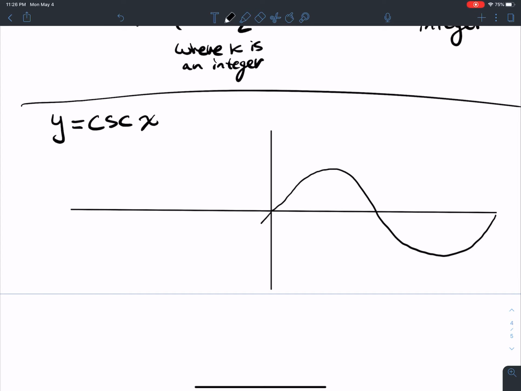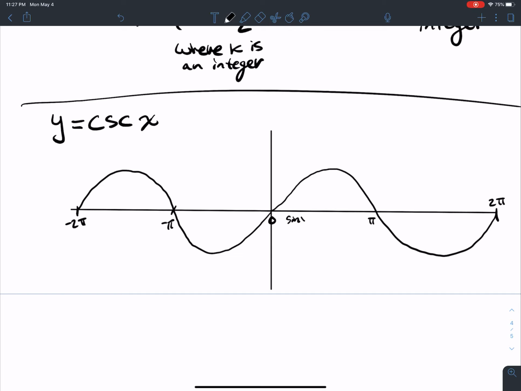I'm just going to draw a couple of periods here. Remember, we go from 0, pi, 2 pi, so there's one period, and negative pi and negative 2 pi, that's 2 periods there. So that's the sine graph, the sine of x.